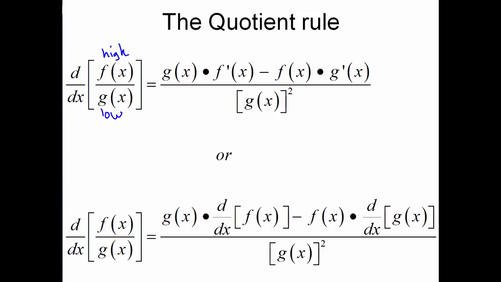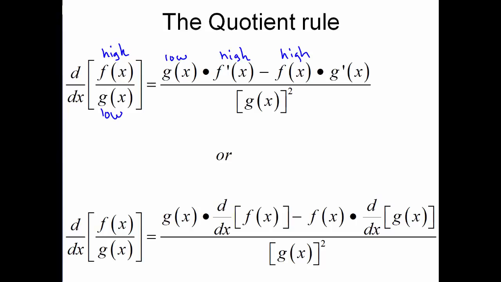Just memorize this saying right here. We're going to take the low function, remember the g of x is the low function, the low function times the high function minus the high function, times the derivative of the low function.